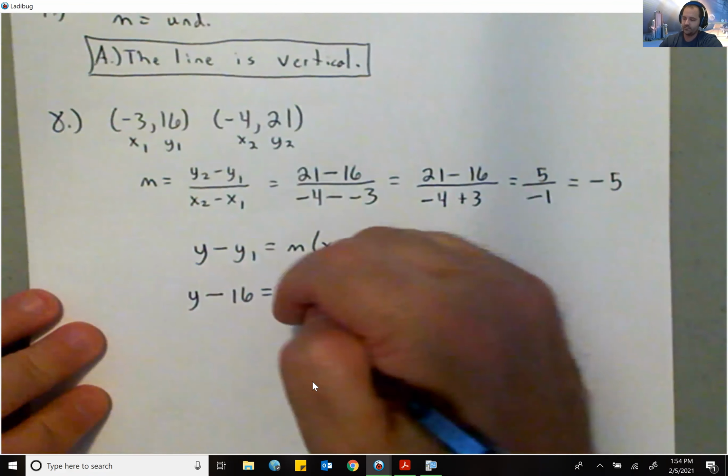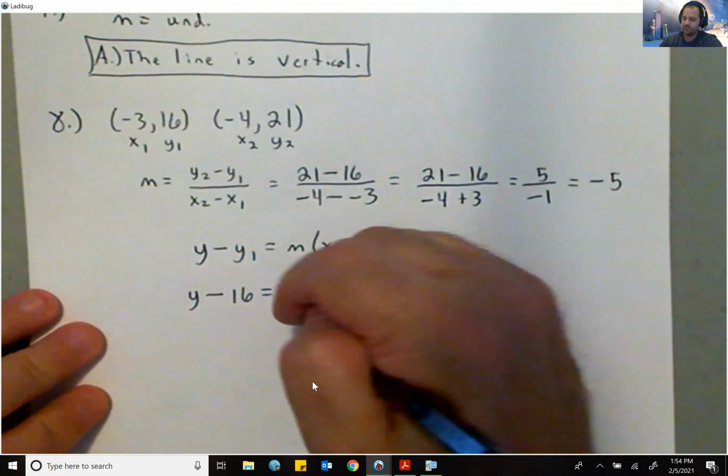Is -2 have anything to do with it? Nope. Come on, you got a point up here. Is it negative 6? Yeah, it's up here. This is your x1. This is your y1. Our m is -7. x minus, what's our x1? 4? Yay. And as Nick would tell us, two negatives by each other would become a positive.